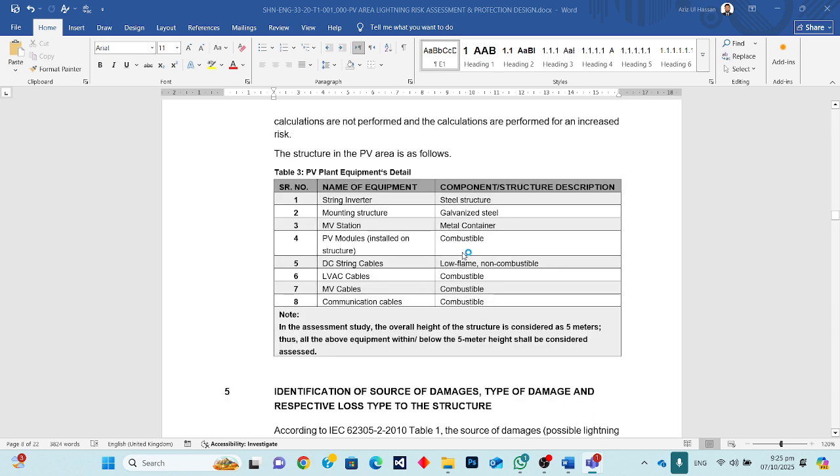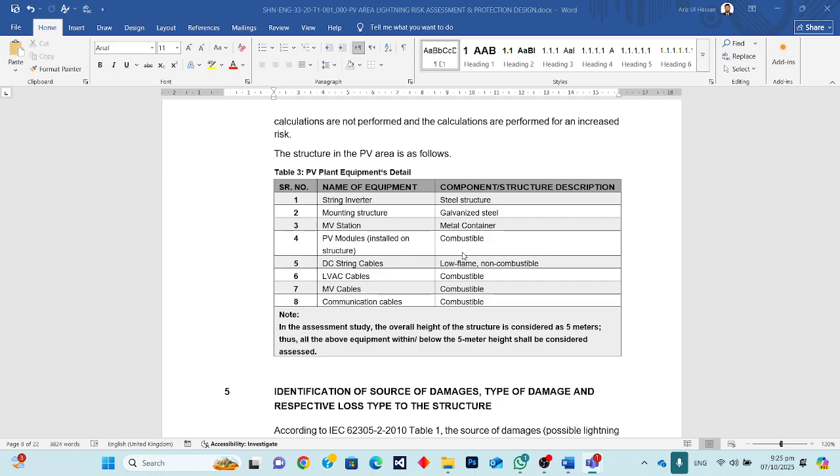So these are the equipment installed in the PV area: string inverter, steel structure, mounting structures, galvanized steel, MV station, metal containers, PV module installed in the structure (combustible), DC string cables (low flame), non-combustible, LVAC cables (combustible), MV cables (combustible), communication cables.